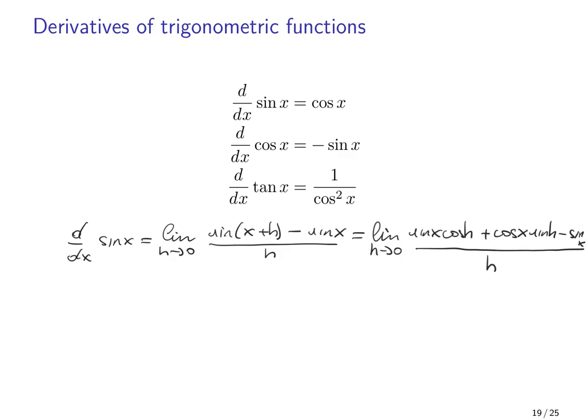So now you have a bunch of terms that have an h in them. You have cosine h here, you have sine h here, and then you have an h here. What do you have that doesn't have a cosine or sine of h? Well, you have sine x here and here, and then you also have cosine x here.